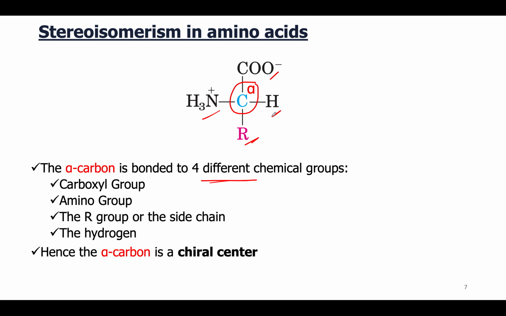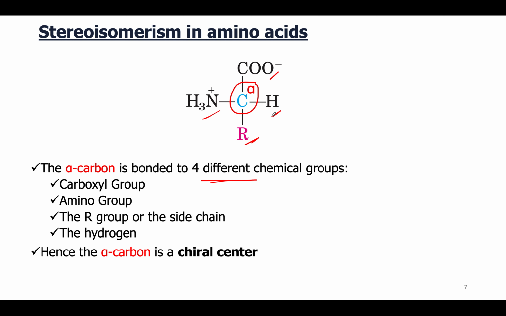I repeat, if I want to define it in terms of amino acids, a chiral center is a carbon atom that has 4 different groups bonded to it in such a manner that it has a non-superimposable mirror image. In all textbooks, the term chiral center has been replaced by chirality center, but the meaning and the definition remain the same.